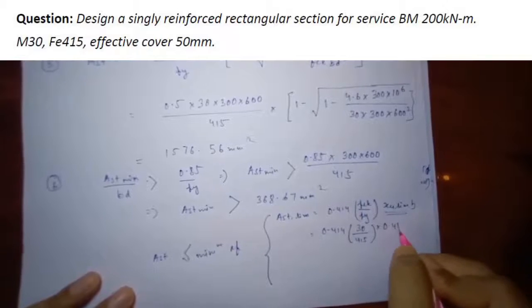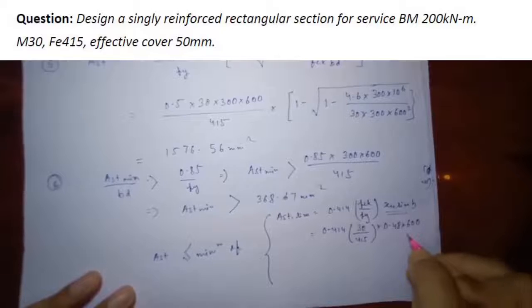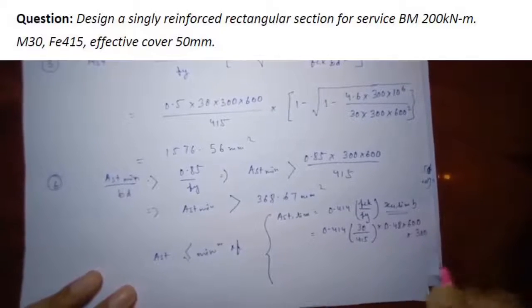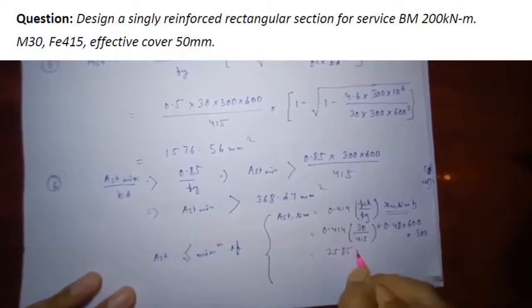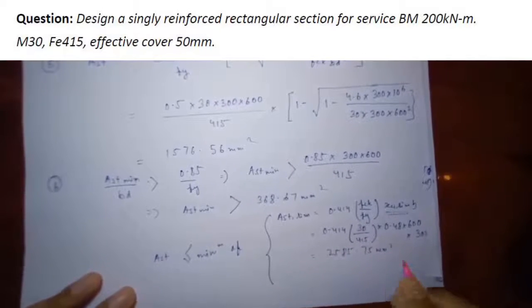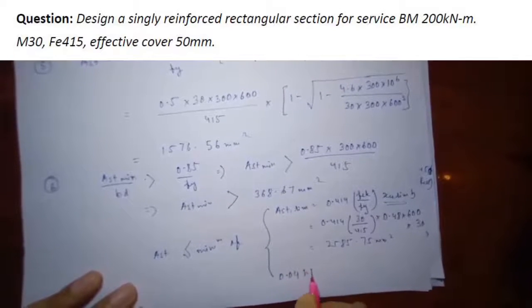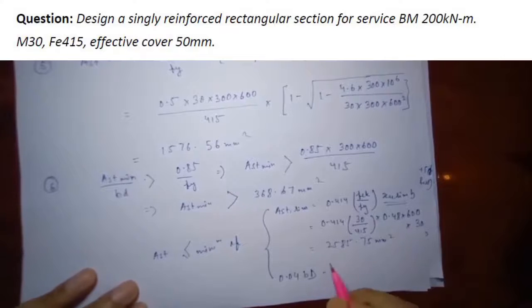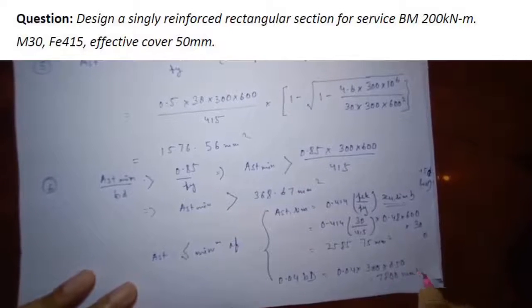So it is 0.48 multiplied by XU limit D is 600 multiplied by B is 300 and AST limit will be 2585.75 mm square, and also it can be 0.04 BD capital D, and it is 0.04 multiplied by 300 multiplied by 650 and it is given by 7800 mm square.